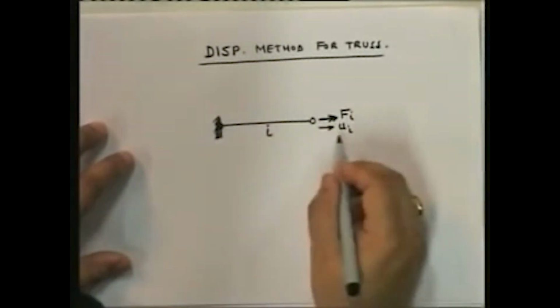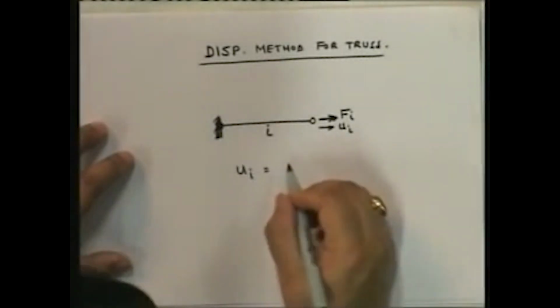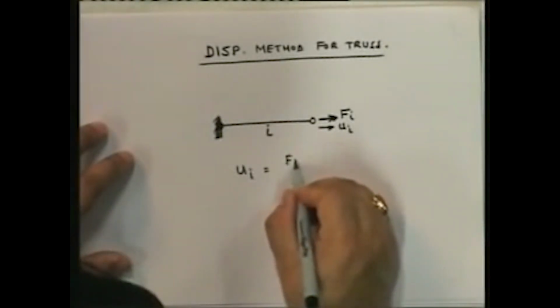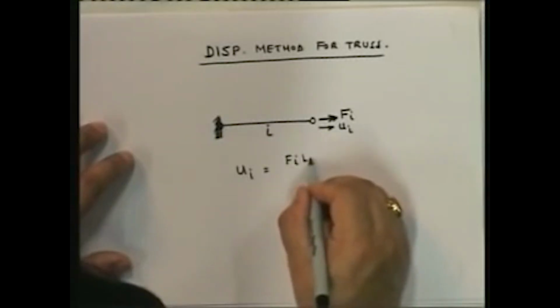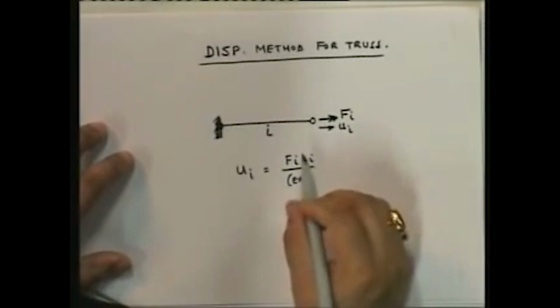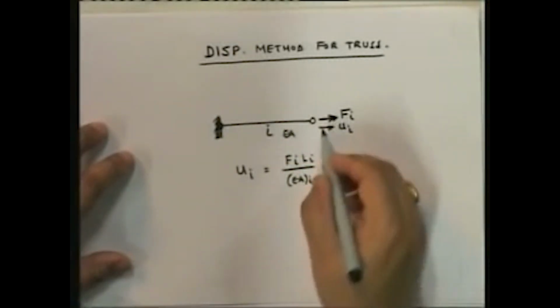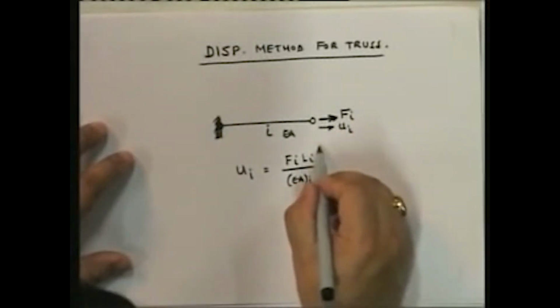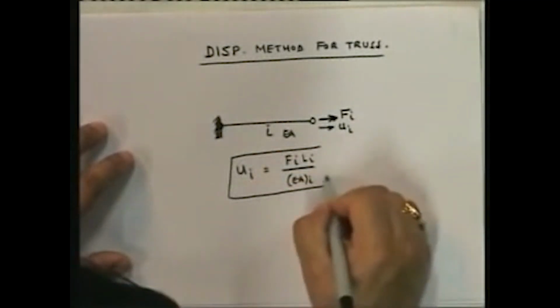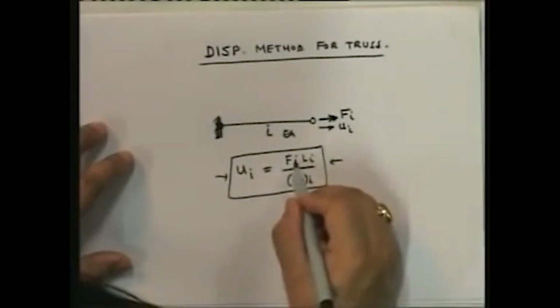How do I determine this relationship? Well, I know that Ui is equal to Fi Li upon EAi. This is assuming that EA is a constant and only the load is applied at the member end. I've already evaluated this earlier.